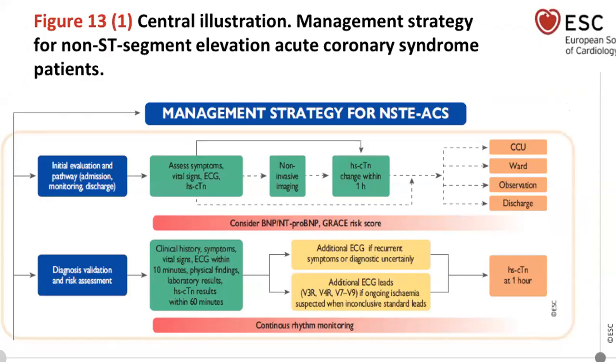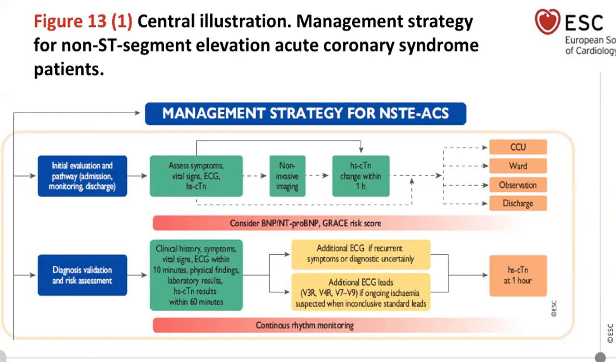I think we've gone through all of this, but in summary, in terms of the management, we need to initially assess your patient, do your ECG and cardiac troponin. I know I've been repeating this, but it is quite important, and do the troponins at the different intervals as I've mentioned, and then refer your patients. If you have a diagnosis that you are unsure of, or you are considering other causes, you can do other cardiac biomarkers such as pro-BNP, and also highlighting the importance of doing your GRACE risk score.